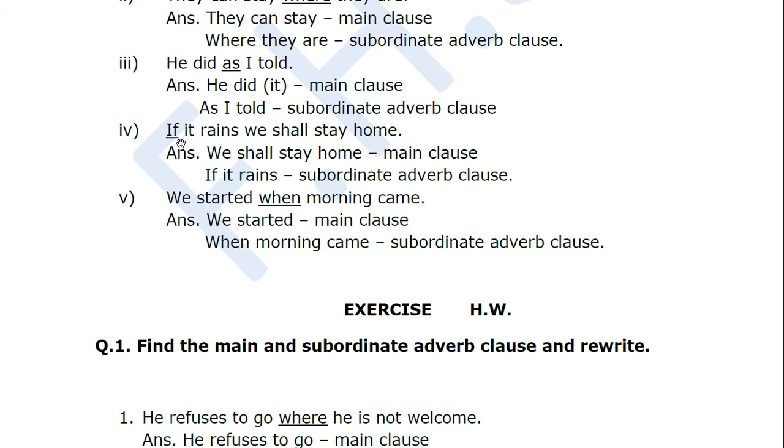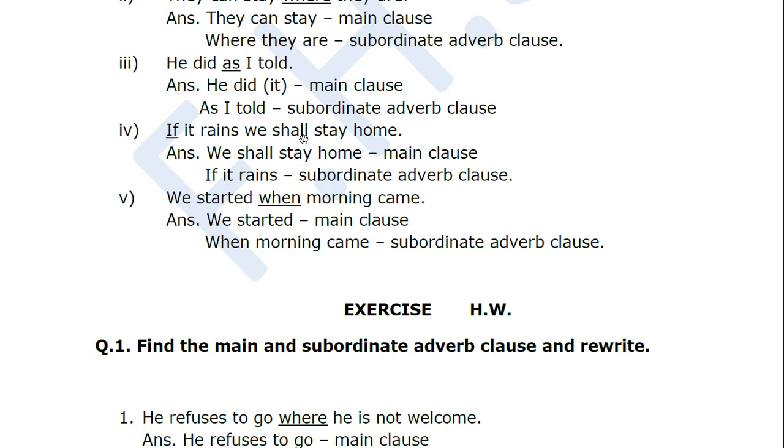Now if it rains, we shall stay home. Now if you look over here, if it rains, your sentence starts with the subordinator if. That means your main clause has to be somewhere at the back. Okay. So let's see. We shall stay home. Is it complete? Yes.